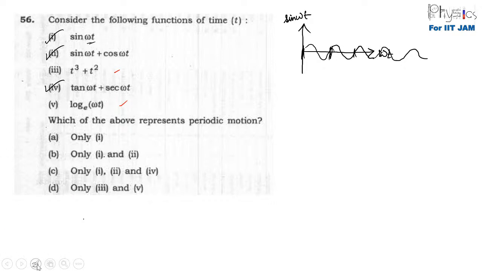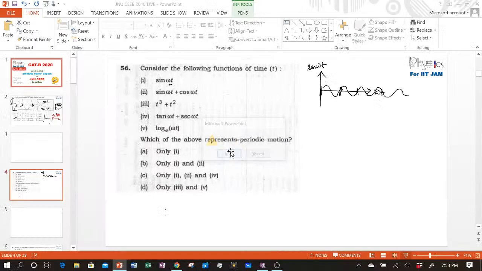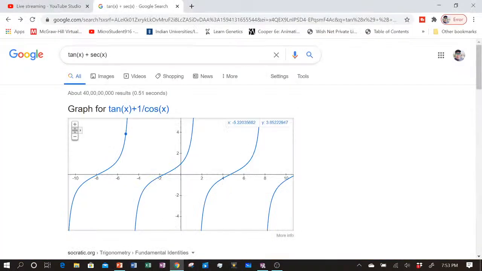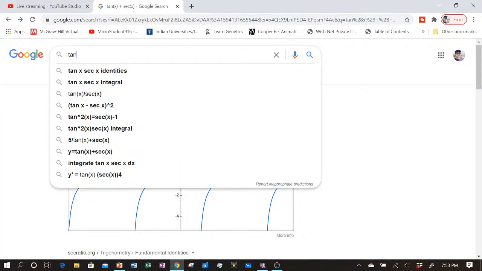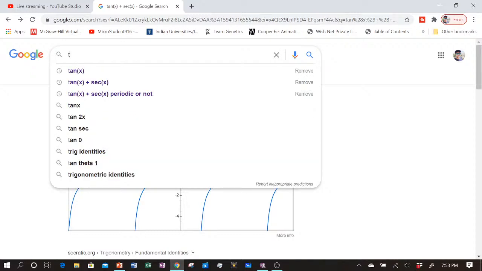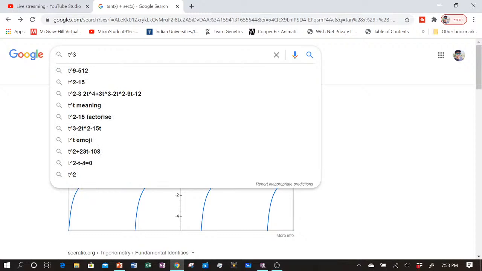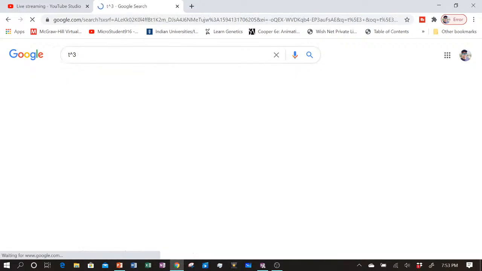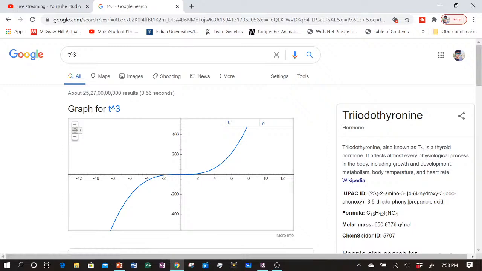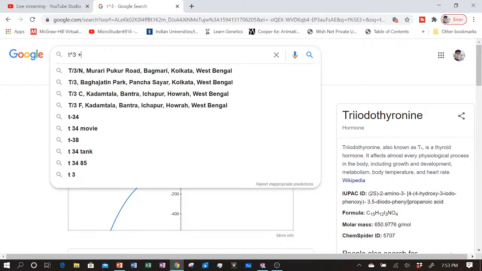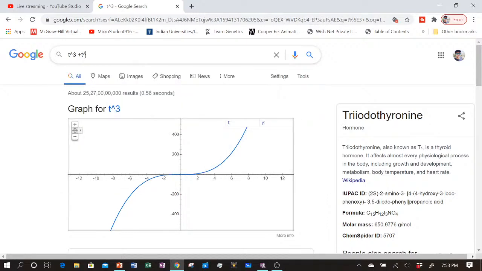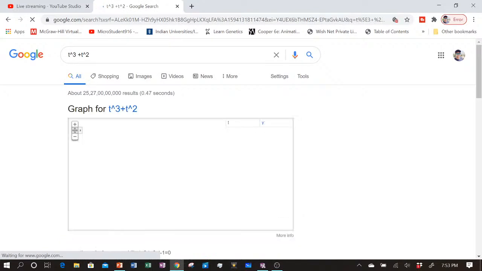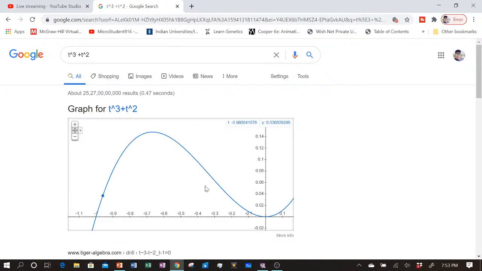Let's see if we have anything here. t cube plus t square, see, this is the plot for t cube plus t square.